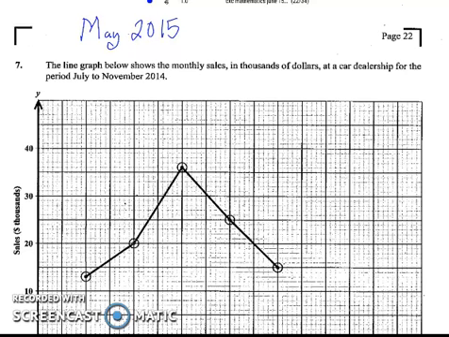So between these 2 months, the increase is greater, so the line is steeper. If the line is steeper, we could say that it has a higher gradient. So from the graph, we can see that if the slope is steep, the increase is greater.